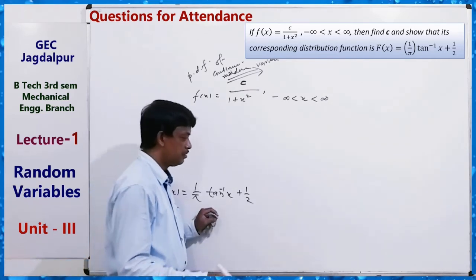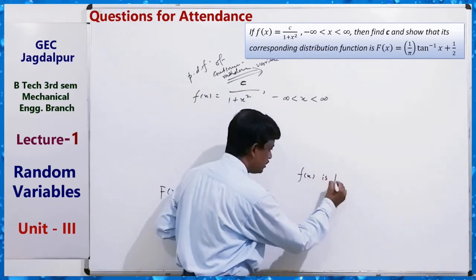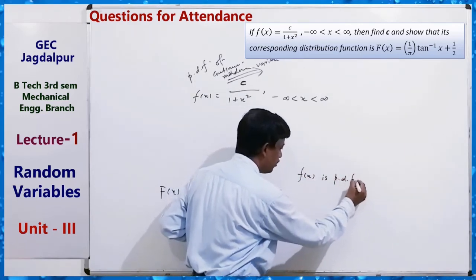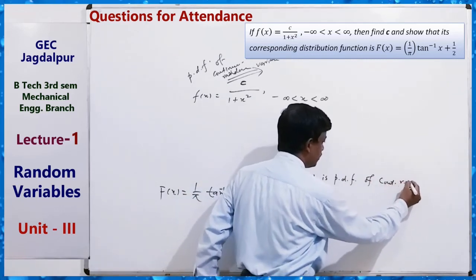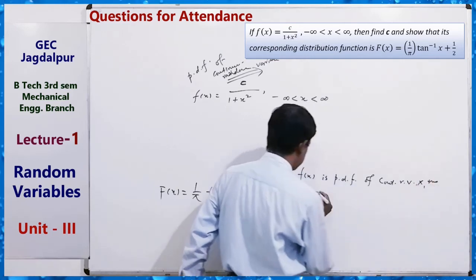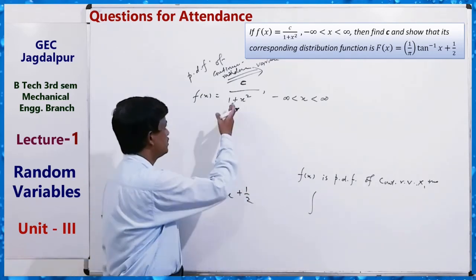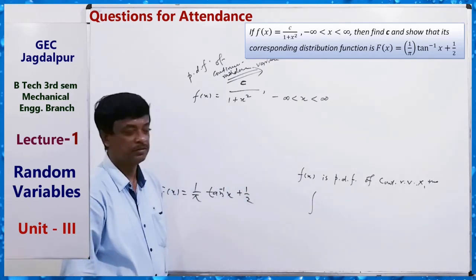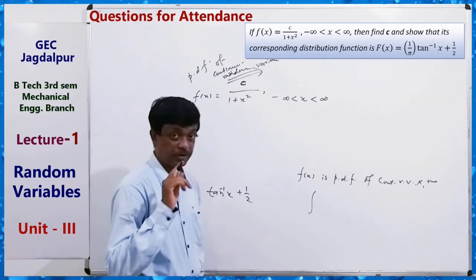So remember that if f(x) is the PDF of a continuous random variable x, then its property is what? f(x) is greater than or equal to 0. This is positive and c must be a positive value. So we have to find c.